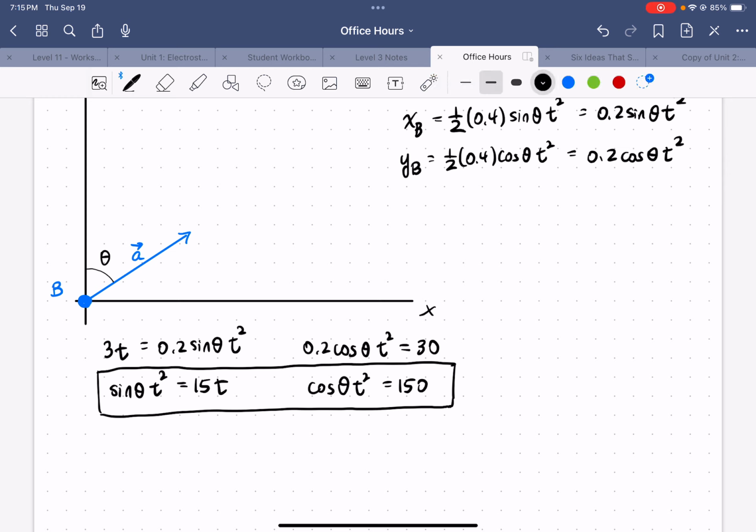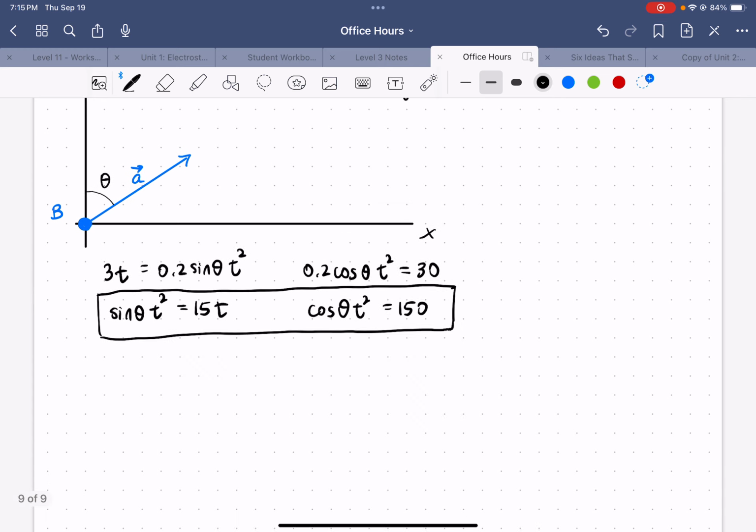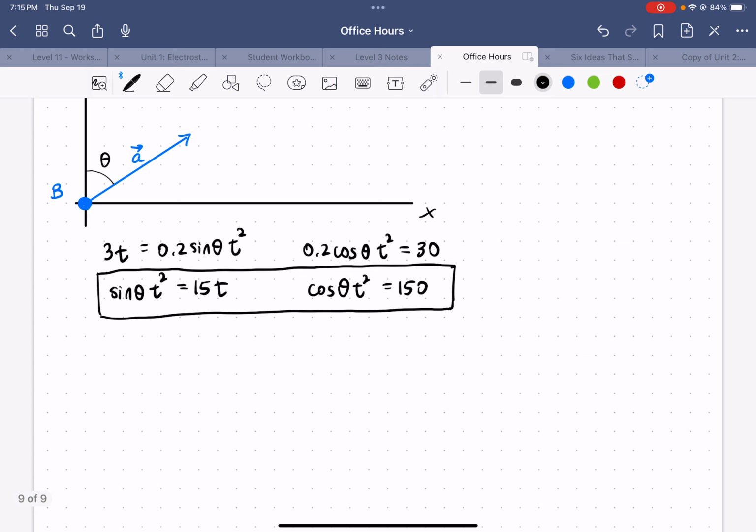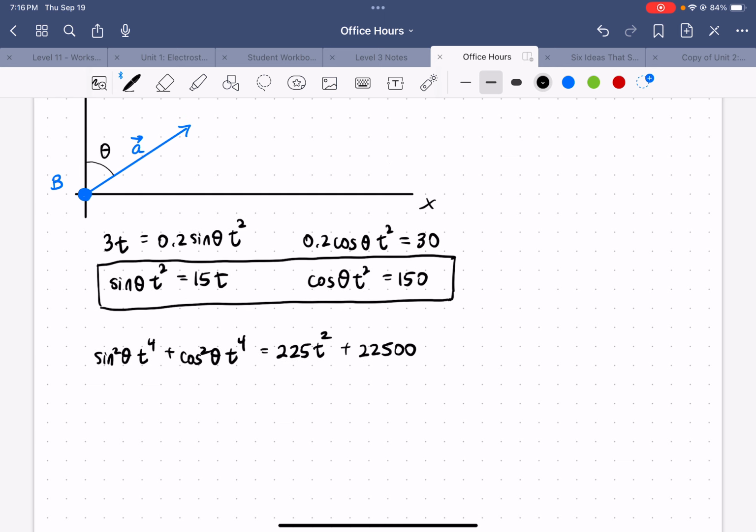So if we square both of these equations and then add them together, I'll have sine squared theta t to the fourth plus cosine squared theta t to the fourth is equal to 15t squared, which is 225t squared, plus 150 squared, which is 22,500. And then when we use the Pythagorean identity, we get t to the fourth is equal to 225t squared plus 22,500.